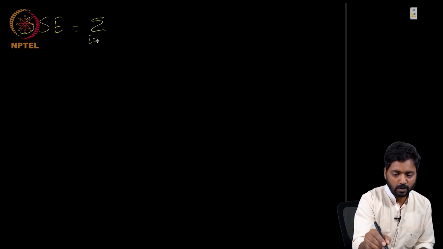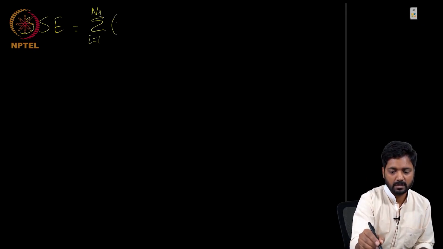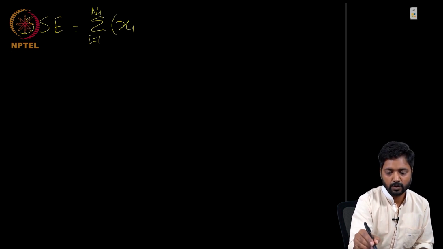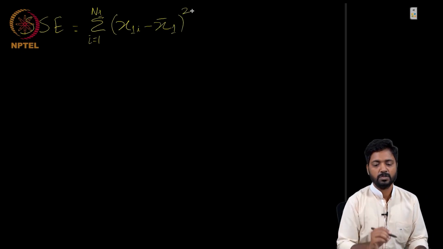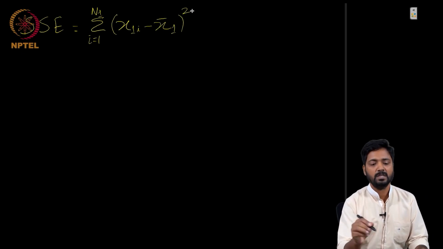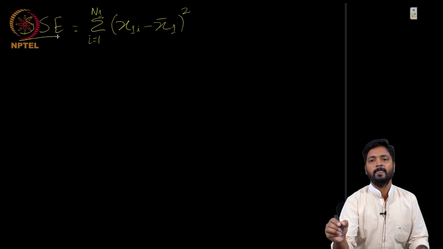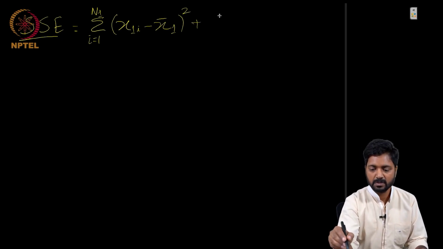So, the sum of squares due to errors will be calculated as the summation of deviations in the first group from the mean value of sample 1, squared, because it is a squared term here, and this continues.